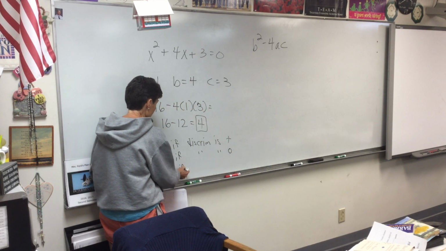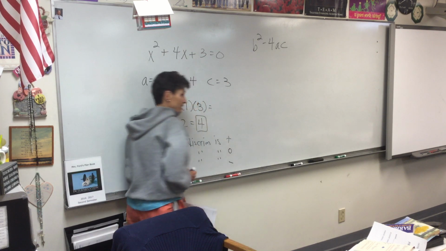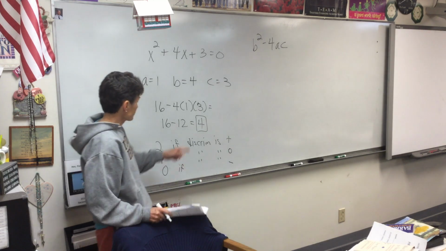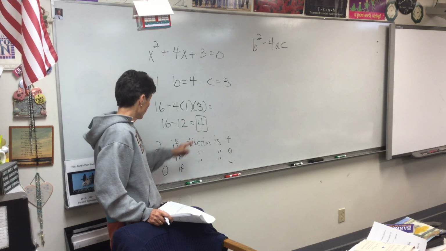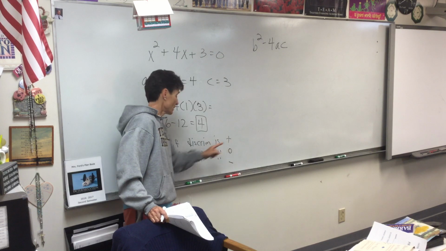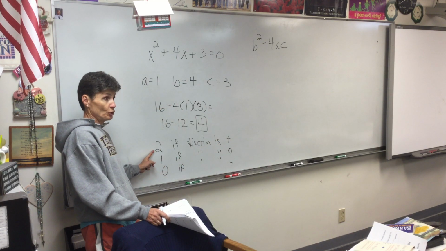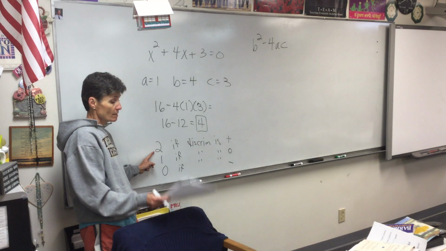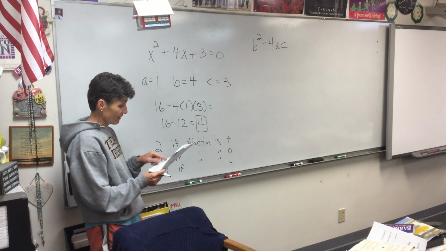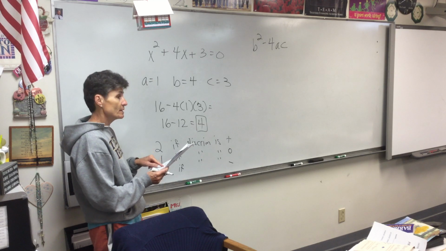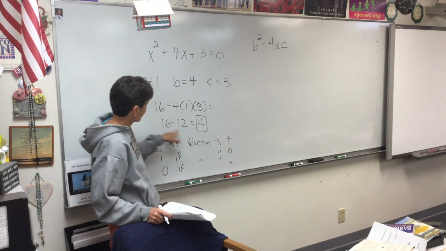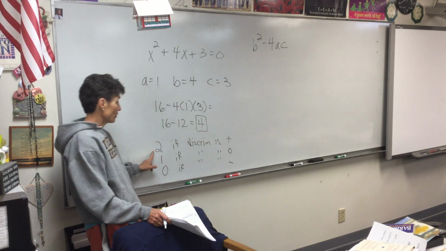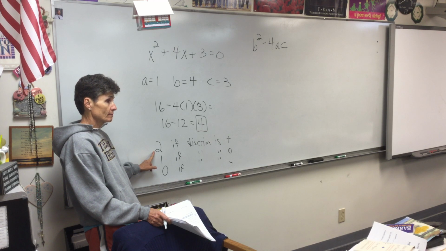And it will be none if the discriminant is negative. So those are the rules. Well, we got a discriminant of 4, which is a positive number, which means we have 2 real solutions. The directions said, find the discriminant, and then determine the number of real solutions. So we found our discriminant, it was 4. That's a positive number, so there are 2 real solutions.